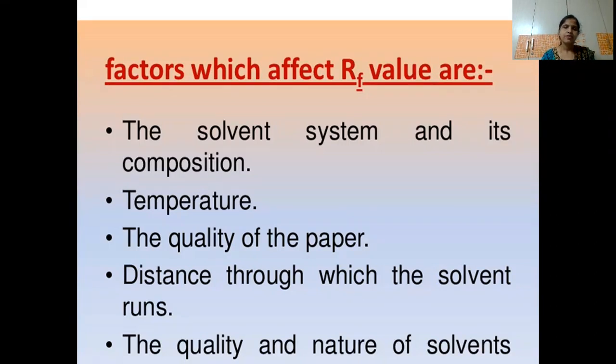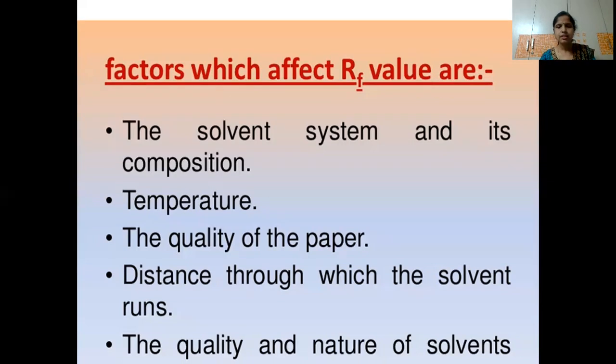If the stationary phase is uniform on the glass plate, then the solvent will run and show some distance. So it depends upon the uniformity of the stationary phase adhered onto the glass plate, which changes the distance traveled by the solvent, which ultimately affects the RF value.